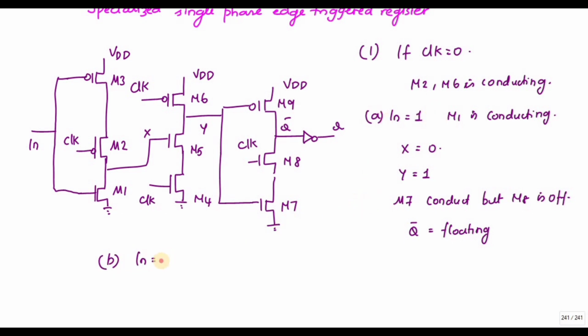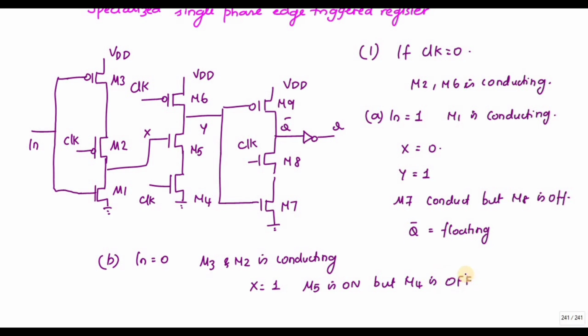So what happens when my input is 0? If the input is 0, M3 will conduct and M2 is conducting, so the X value goes to 1. Since the X value is 1, M5 is on, but M4 is off.